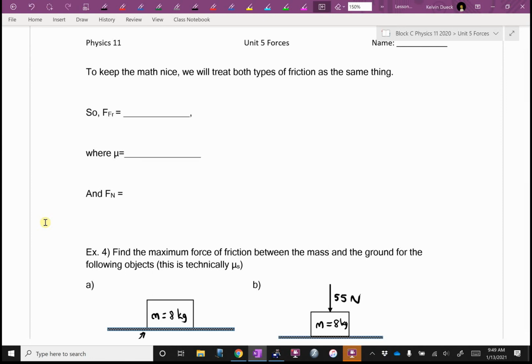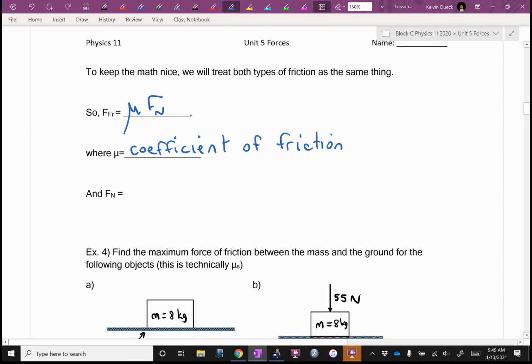So you can just remember that friction equals mu times the normal force, where mu is the coefficient of friction. Don't worry, Xavier, whether it's static or kinetic, I don't care.